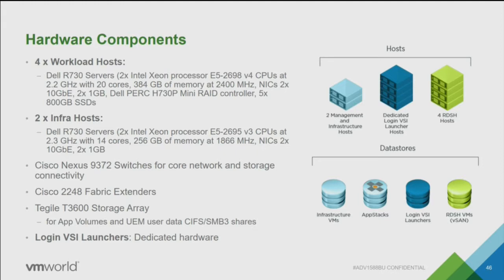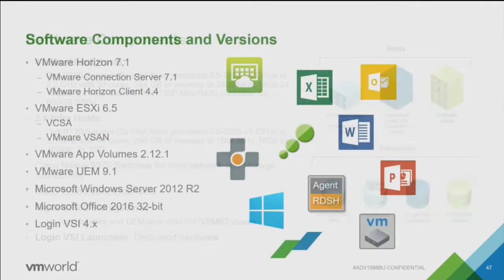As I said, we used vSAN for just the RDSH VMs, but we used an array separately for the App Volumes datastore, as well as the CIFS traffic for the user data tier, as well as UEM data. And then finally, the Login VSI was a separate cluster, a separate block, with separate equipment, so it wouldn't skew the environment. It was completely isolated in that way.